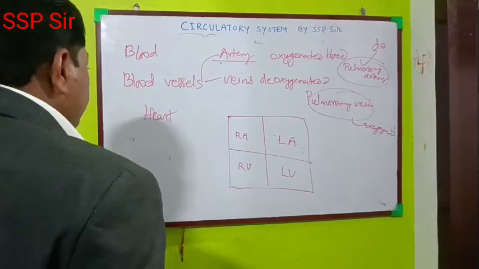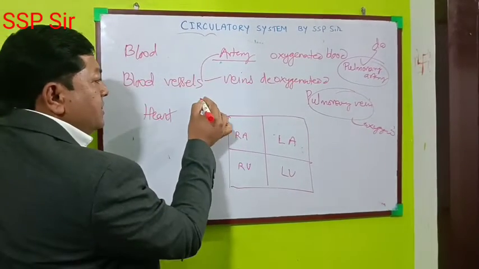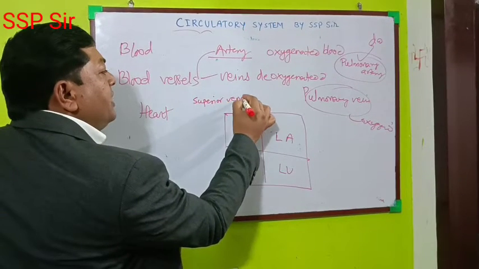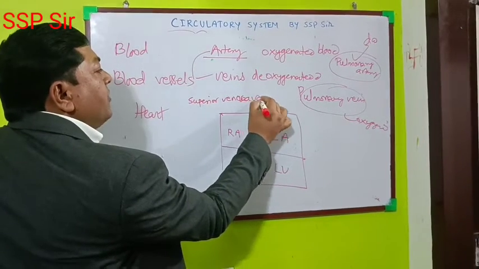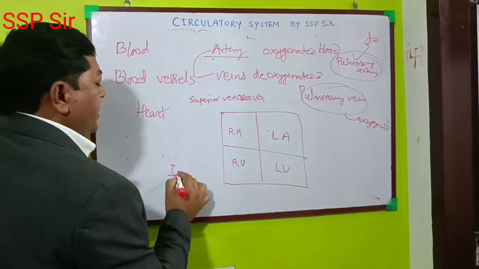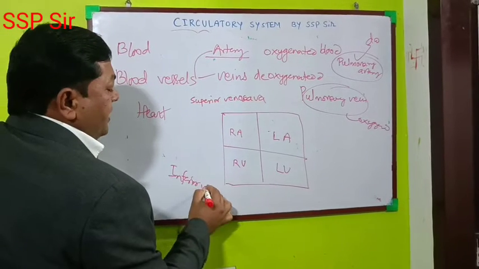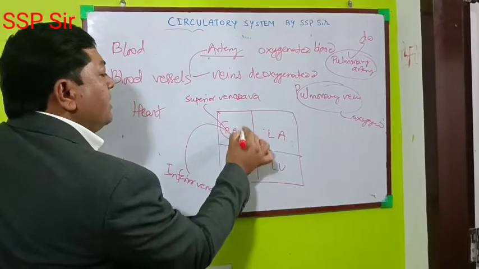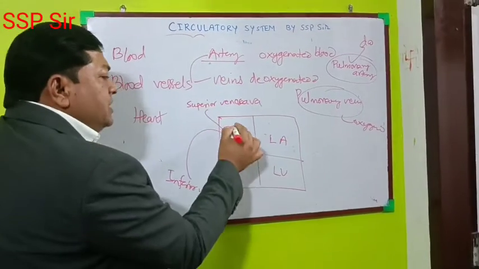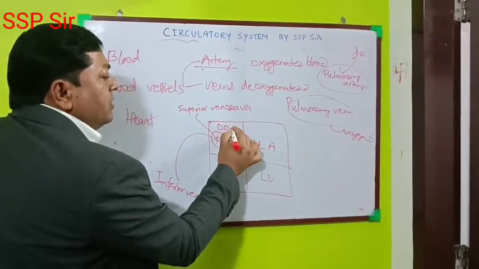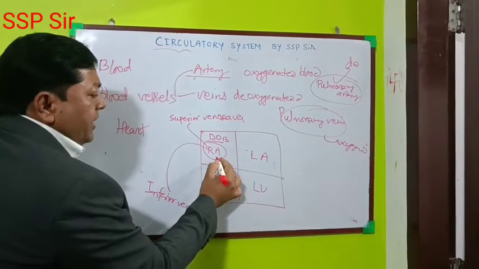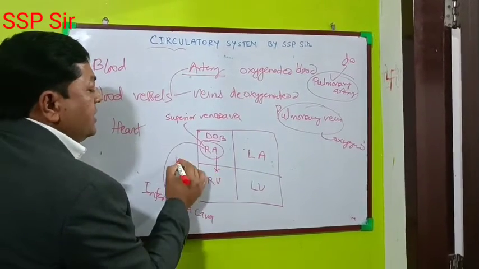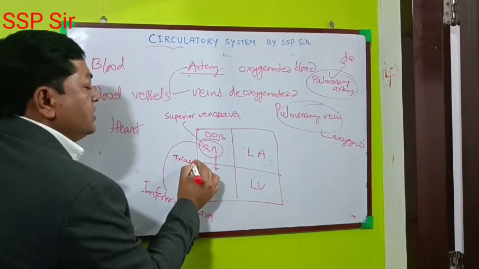From the body, from the upper parts, the superior vena cava, and from the lower parts, the inferior vena cava, the blood is collected in the right auricle, and this blood is deoxygenated blood. From there it reaches the right ventricle, and here is the tricuspid valve.